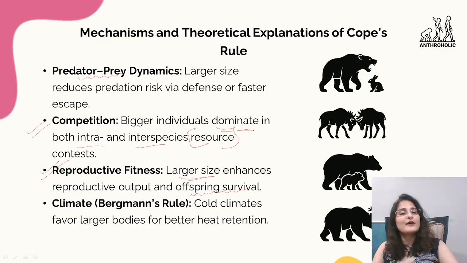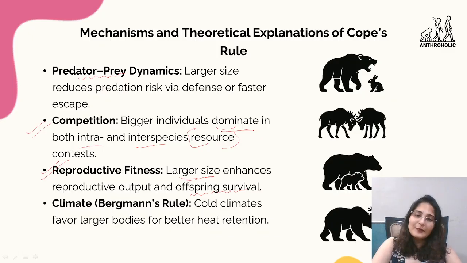The chances of them being attacked become larger. So the survival of the offspring also depends on the size. In certain cases it definitely does happen, in certain cases it might not be that impactful, but it is one of the theoretical explanations of why they have better survival.